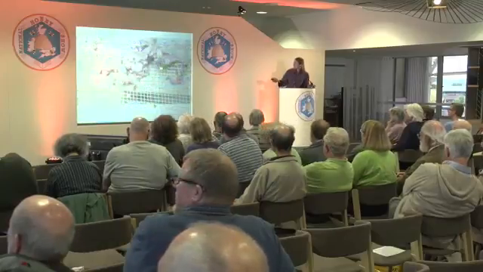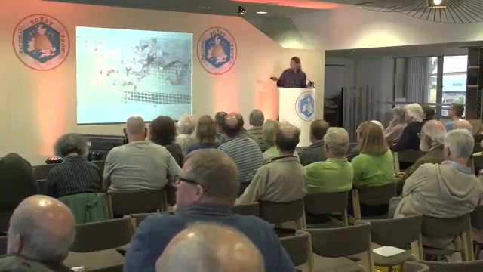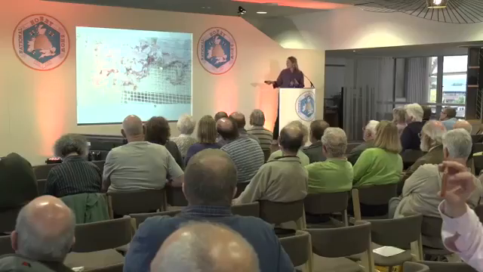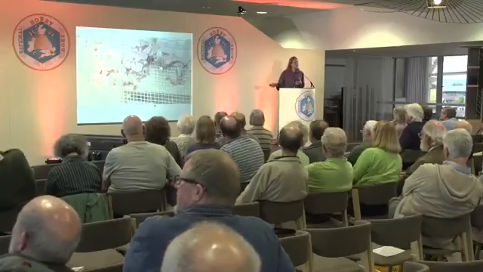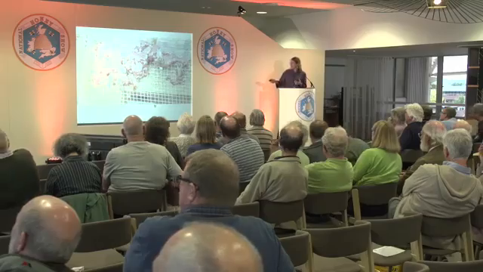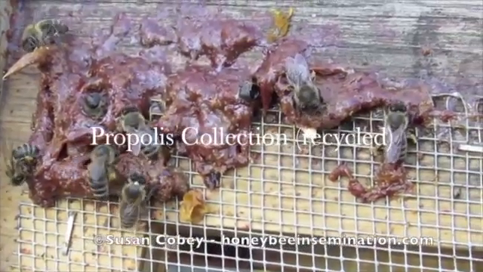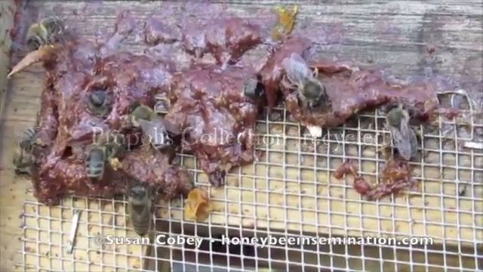This is a little clip I'm going to show you. On the back of my bee truck, I had an old screen bottom board with a big chunk of propolis here, and these Caucasians would just come up and recycle it. I was just really impressed with this.